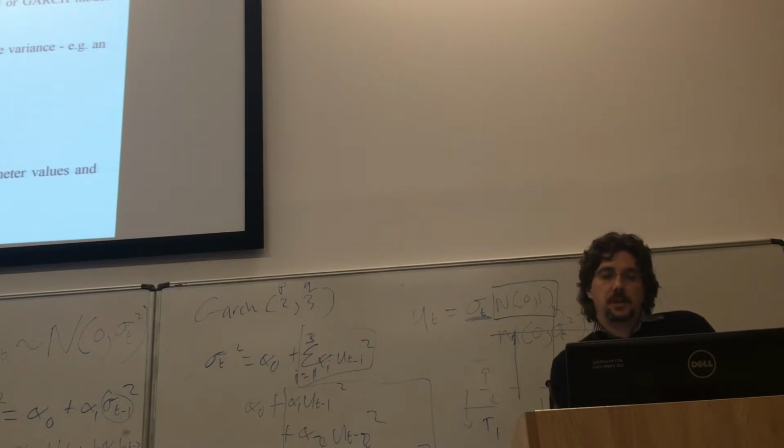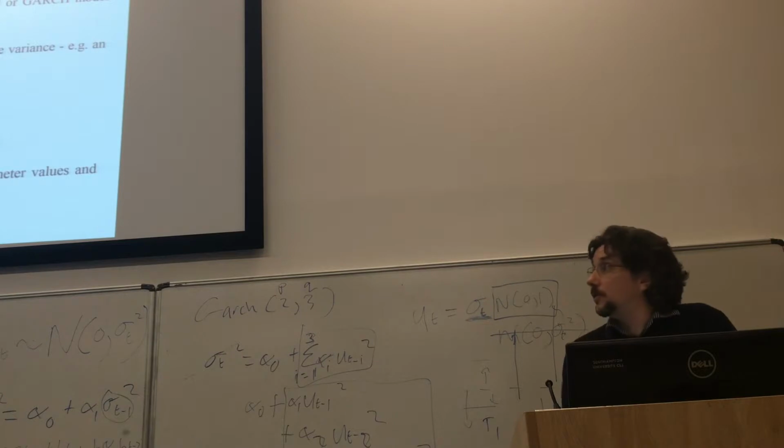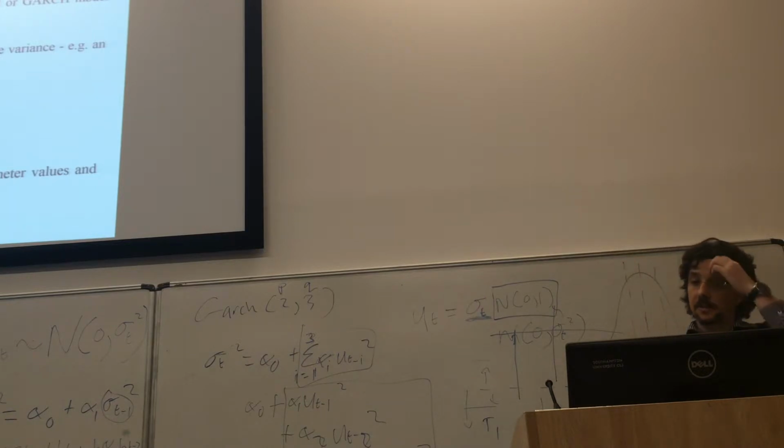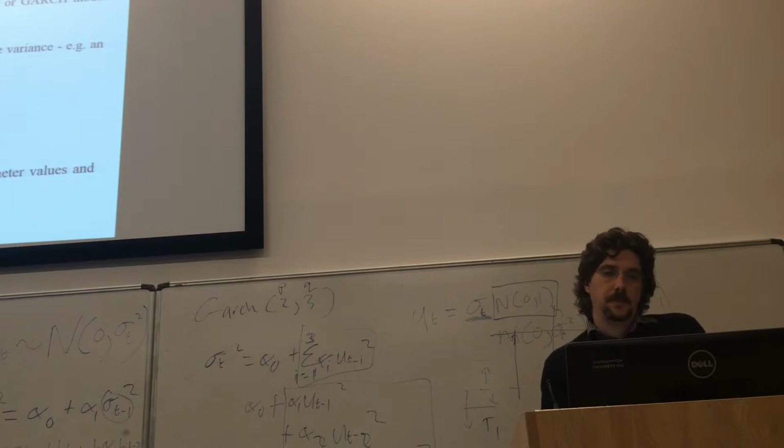And whenever we pick those values, we get a different likelihood score. Okay? And the numerical optimizer will change them and pick the ones that maximize that, and that gives you your model.